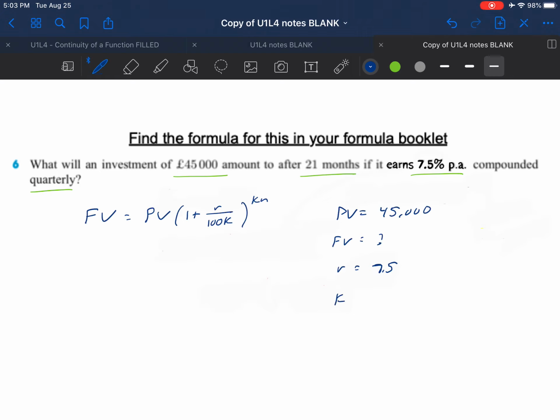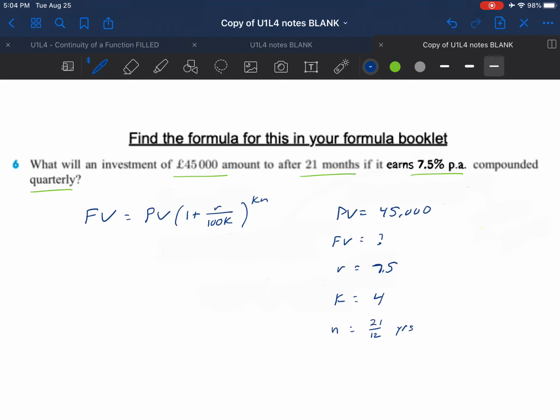K, the number of times that's being compounded or paid per year, to be more specific, right? The number of times that 7.5% is being broken up and paid per year is 4. And N is 21 months, which is 21 over 12 years. All right? So it's a little bit tricky in terms of our numbers here.